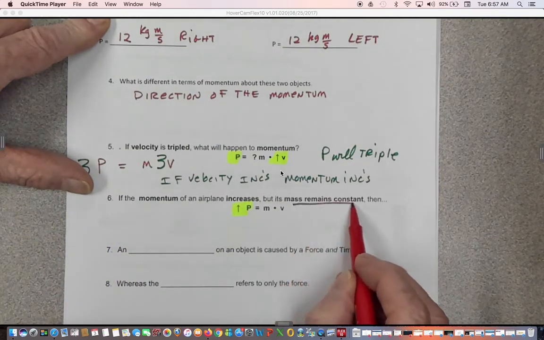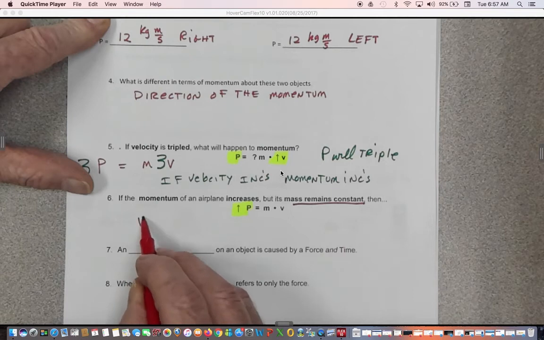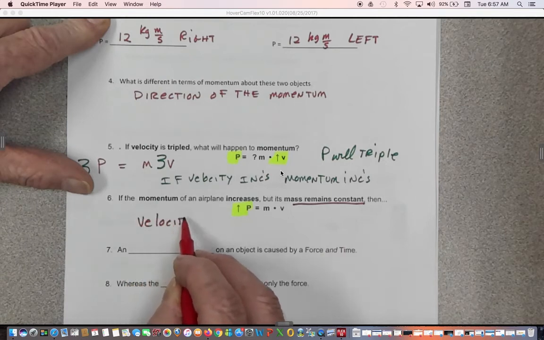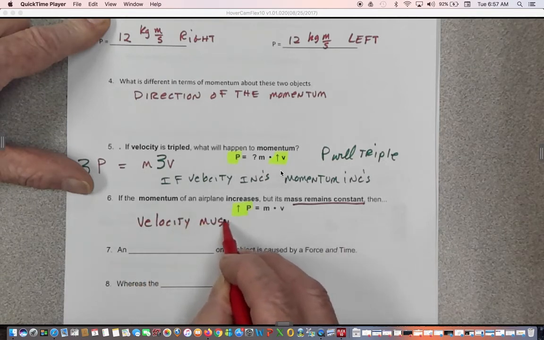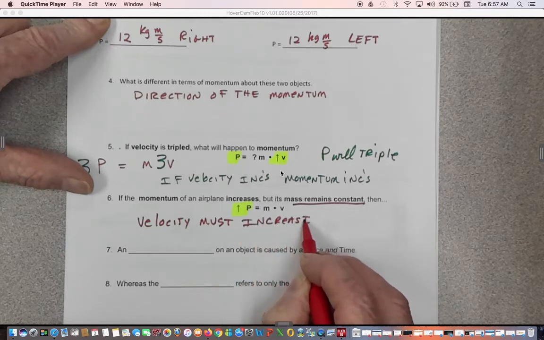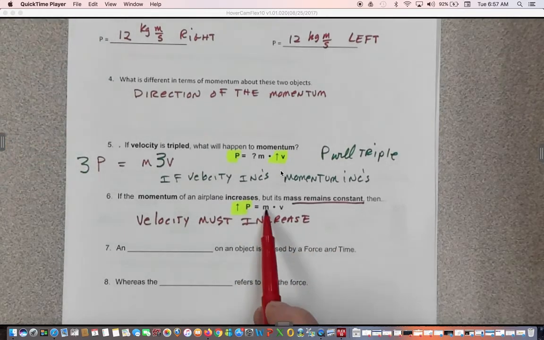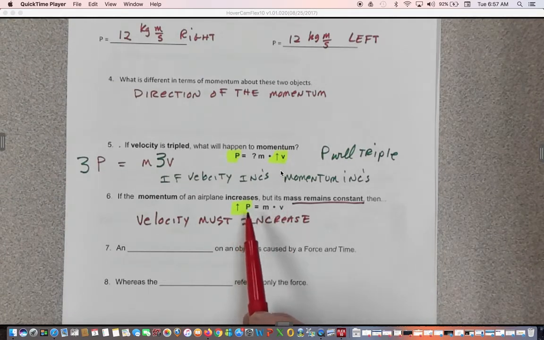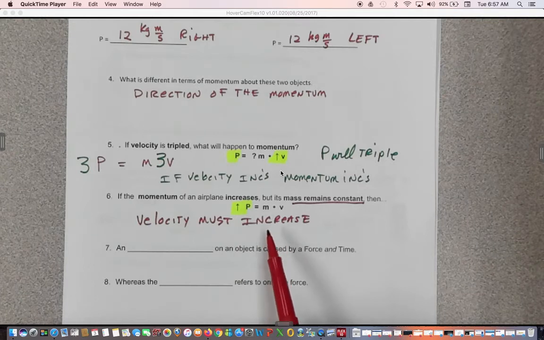If mass remains constant, then velocity must increase. So if this doesn't change, that has to. I'm telling you, your momentum's going to increase. Suddenly, you're going to have more momentum. Why? Because you had to have sped up, one or the other.